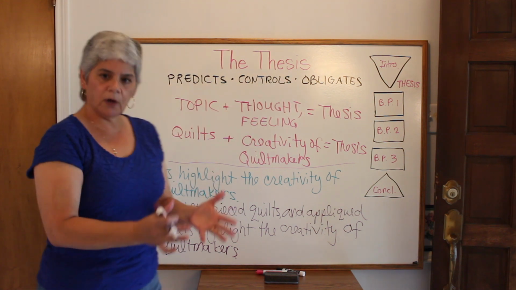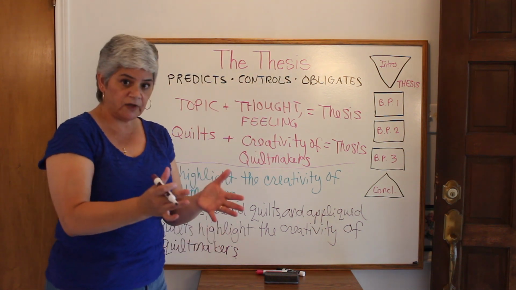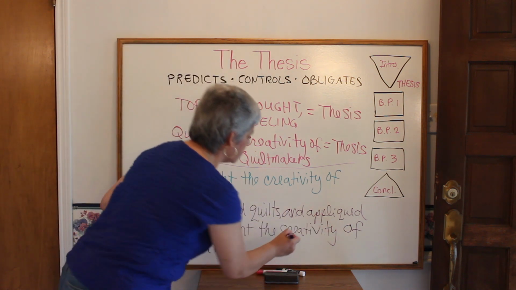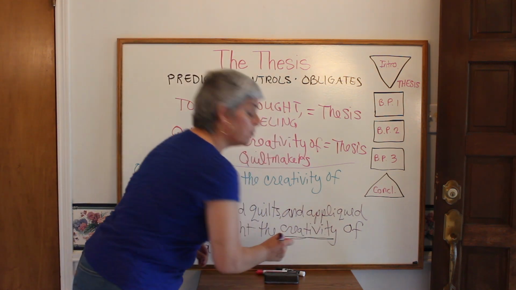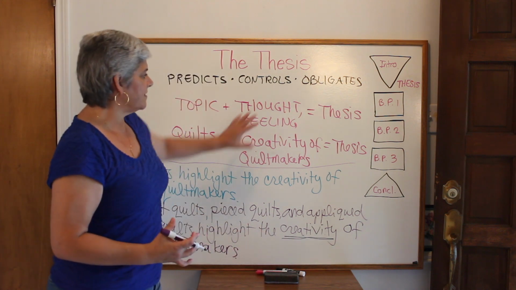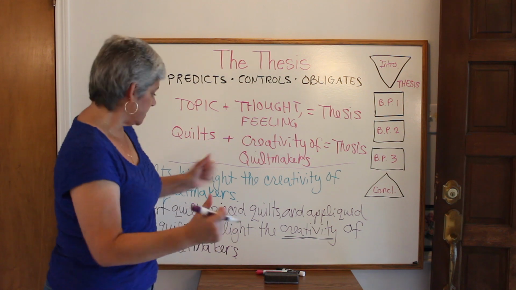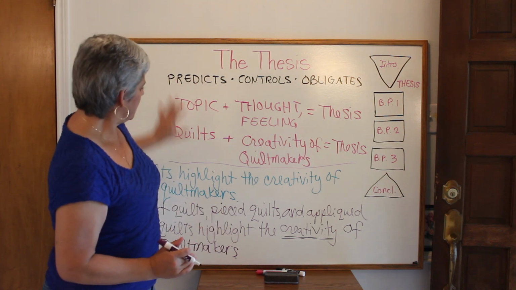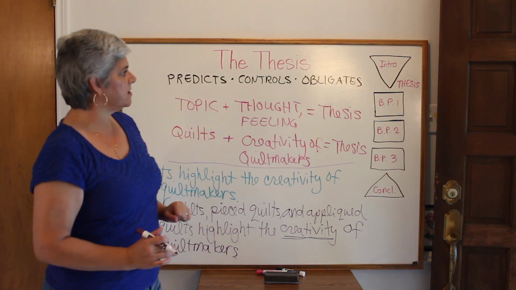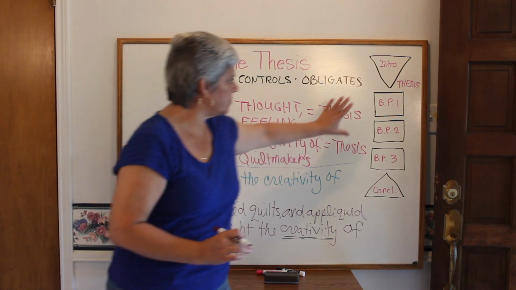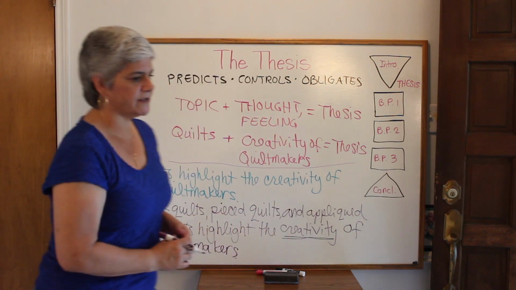It has one focused thought or feeling that you want to say about quilts, and that is the creativity of quilt makers. And you could argue that that is the most important thing that is a part of this thesis. So this thesis does predict, control, and obligate, and with that thesis you have the structure of your essay.